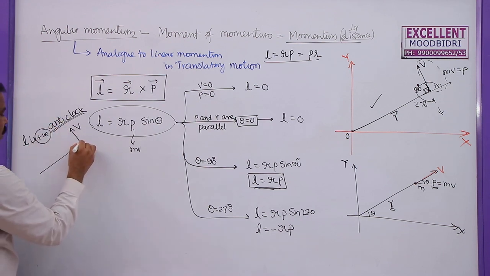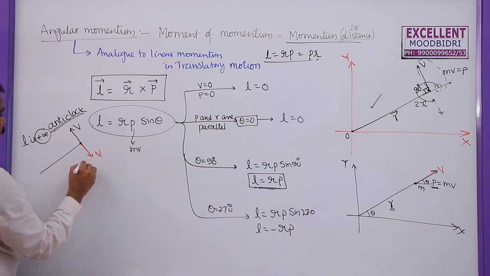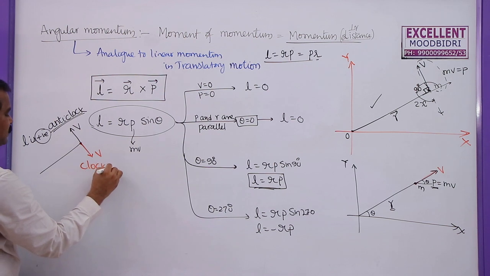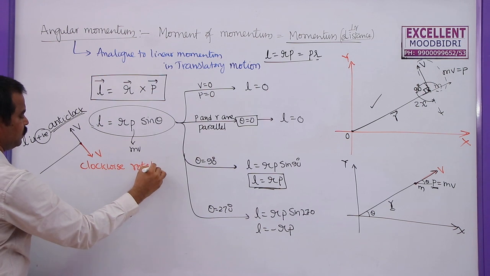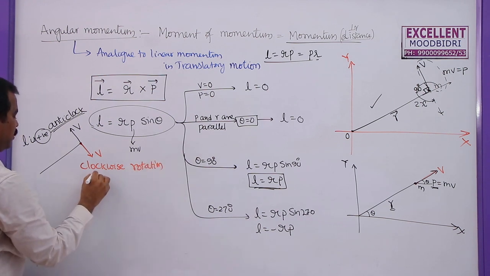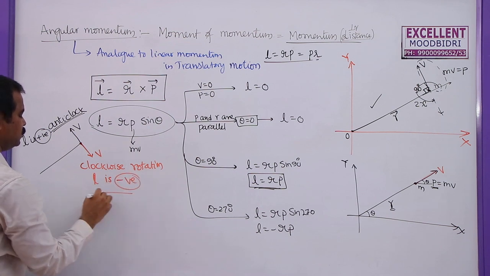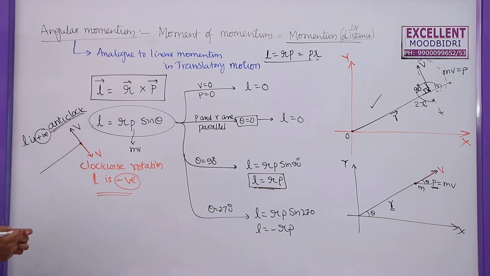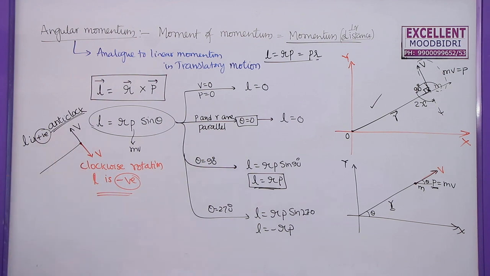If the particle is moving in the clockwise direction, then the angular momentum L is always negative. Please use this convention while measuring the L value, whether it is positive or negative.